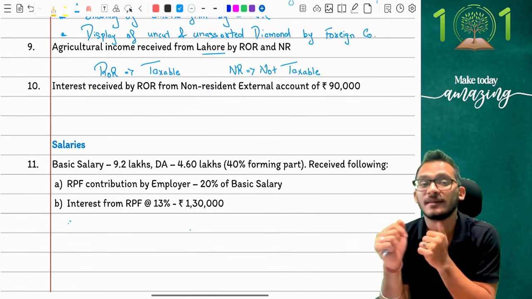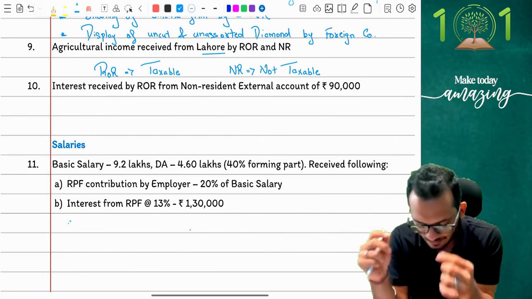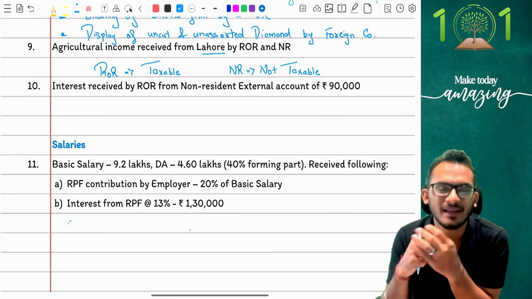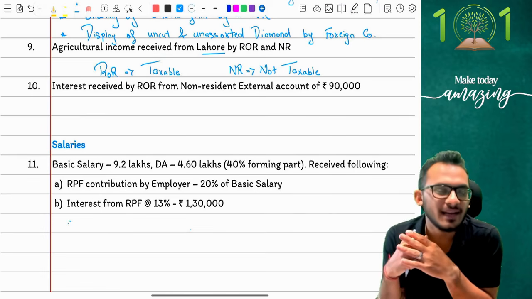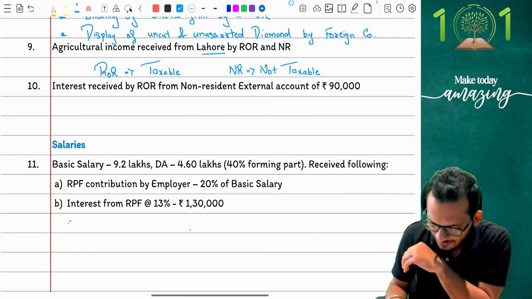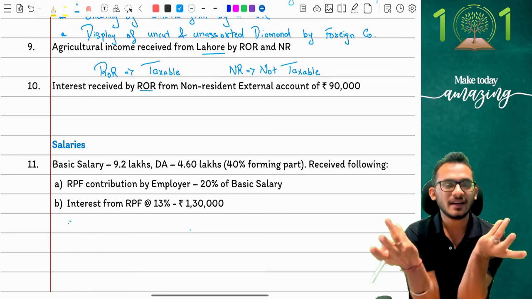The last adjustment when it comes to your residential status. Adjustment number 10 says interest is received by ROR from a non-resident external account of 90,000 rupees. A very small, beautiful adjustment, and for some reason everyone gets it wrong. Yes, I know. I see the word ROR. The first thing you say is, ROR, global income is taxable. Why are you questioning this?